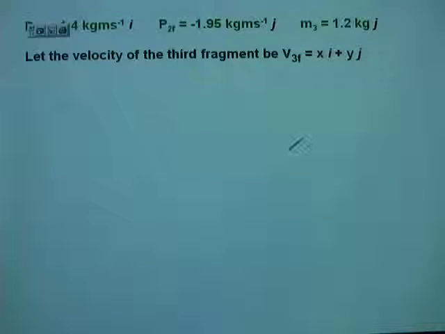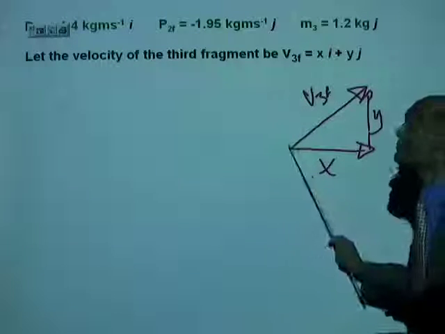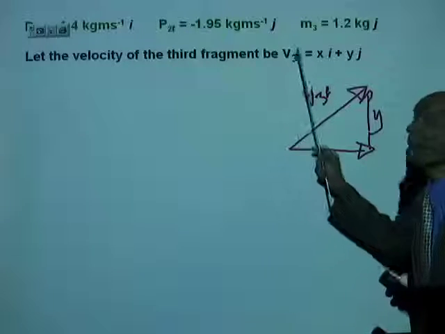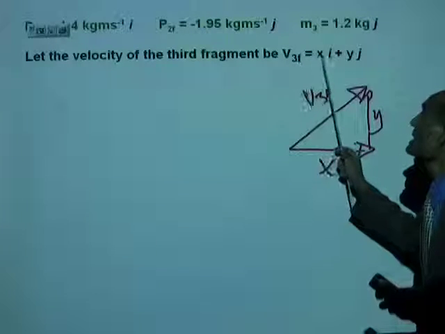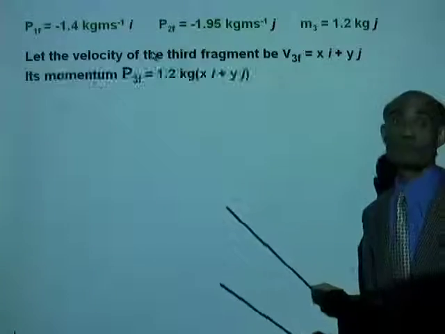If you remember, this is the v3f that we have drawn. Its x component, we are simply going to call x, and the y component, we are going to call y. We need to find these x and y. So let the velocity of the third fragment in component form be v3f equal to xi plus yj.